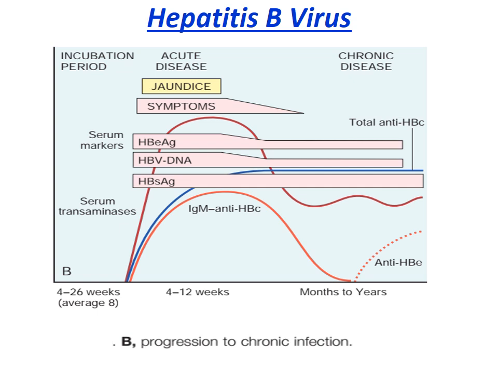So IgM anti-HBc will be there, which shows the infection is present in case of the acute disease, but anti-HBe will be present even after the acute state.